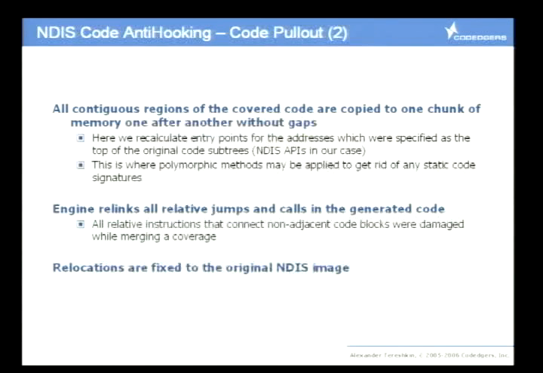We should relink all relative jumps and calls in the generated code because they have been broken when we moved all covered regions to one big piece of code.